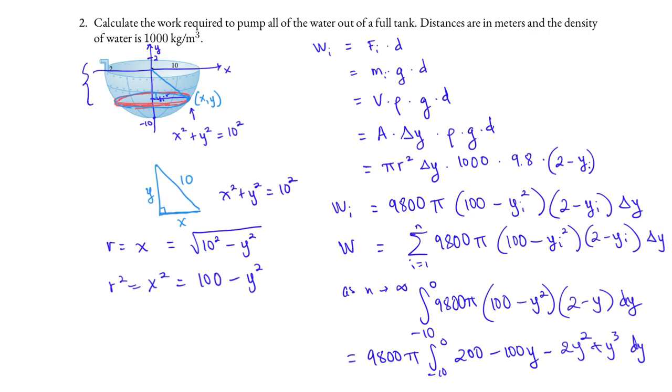If we integrate this, we should get 112,700,000 over 3 pi, or in decimal, roughly 118,019,164.02. The unit is joules.